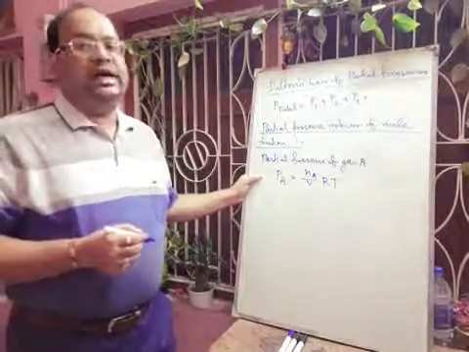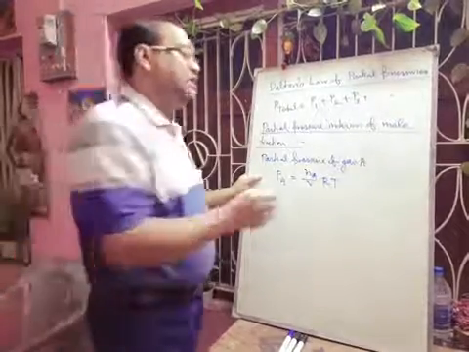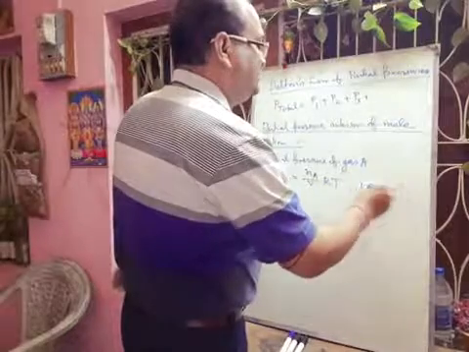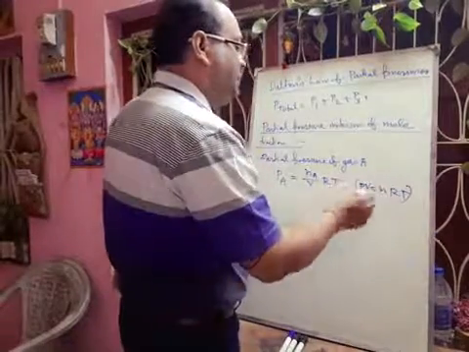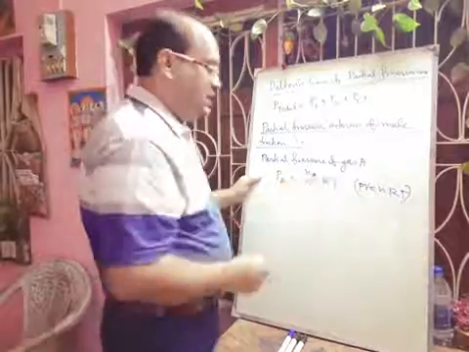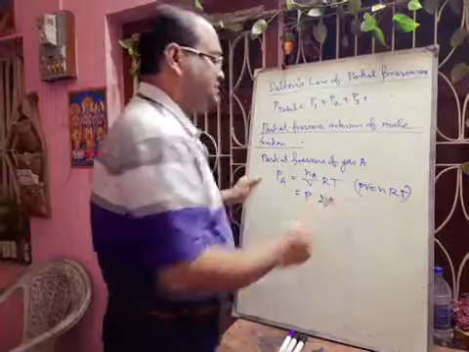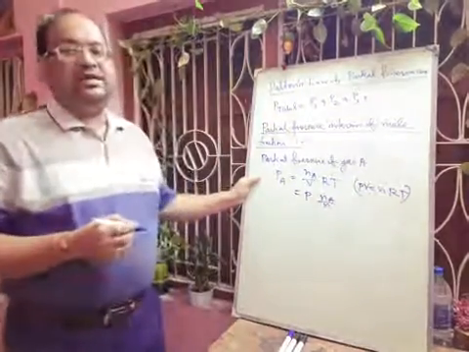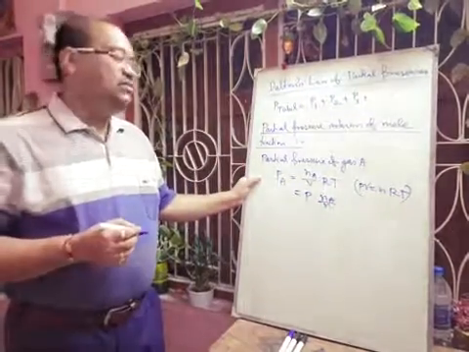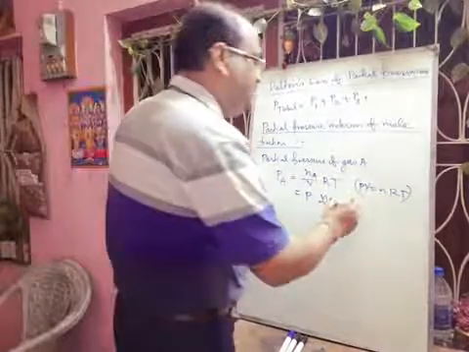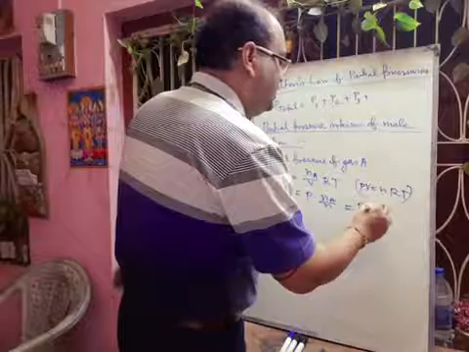Now here we know that PV is equal to nRT. This is the ideal gas equation. So from here RT by V we are getting P by N. So we can write P into Na by N. Now what is Na by N? That is the mole fraction of A. So here we will write P into XA.